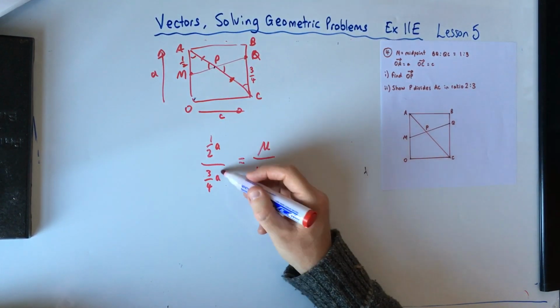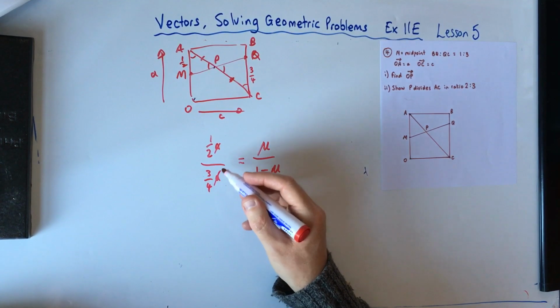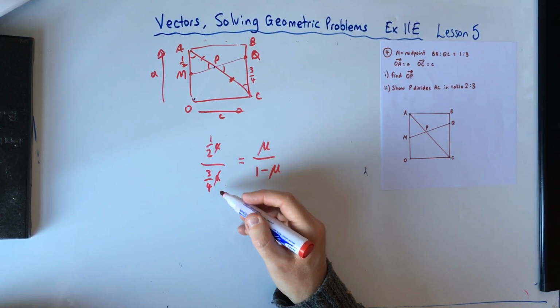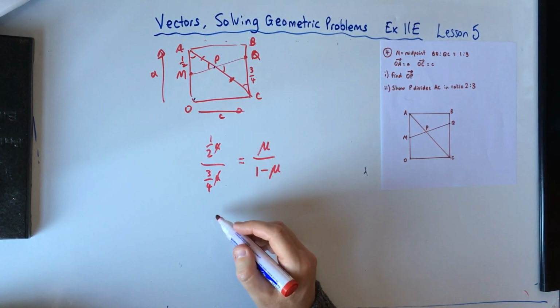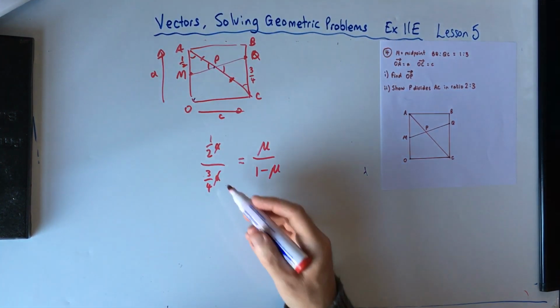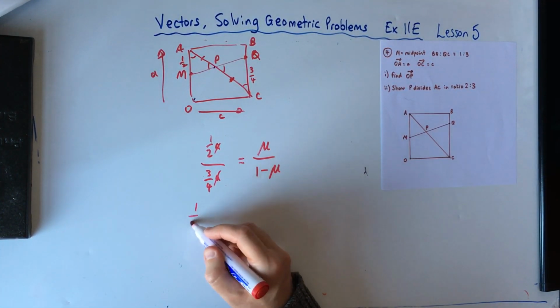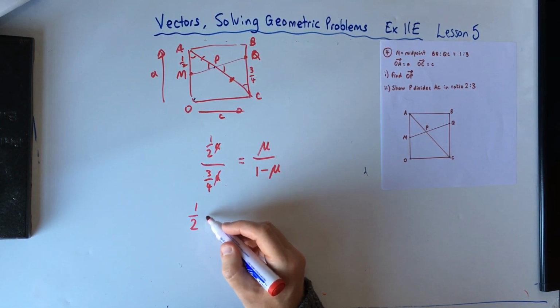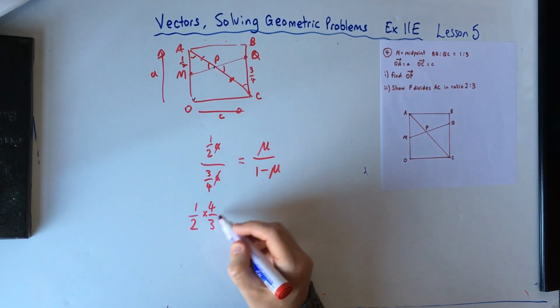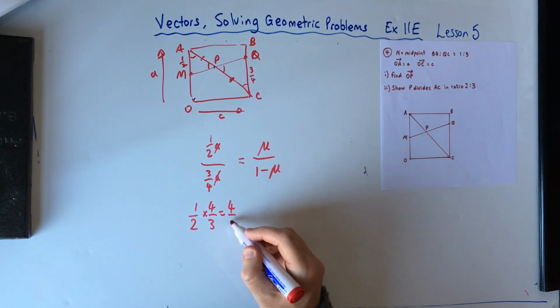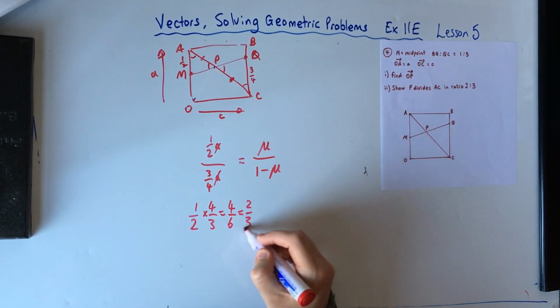And if you did that, the A's cancel. You just got a half divided by 3/4. A half divided by 3/4 is a half times 4/3, which is 4/6, which is 2/3.